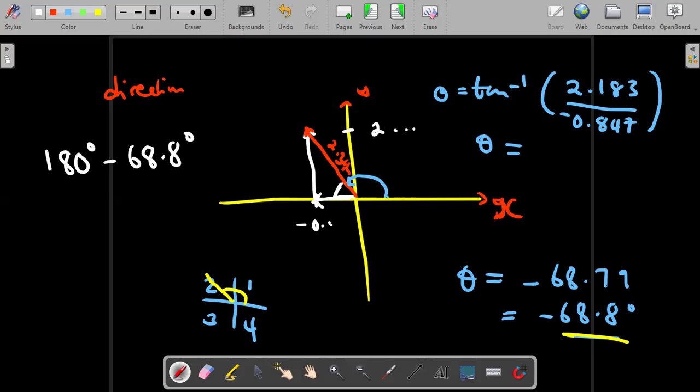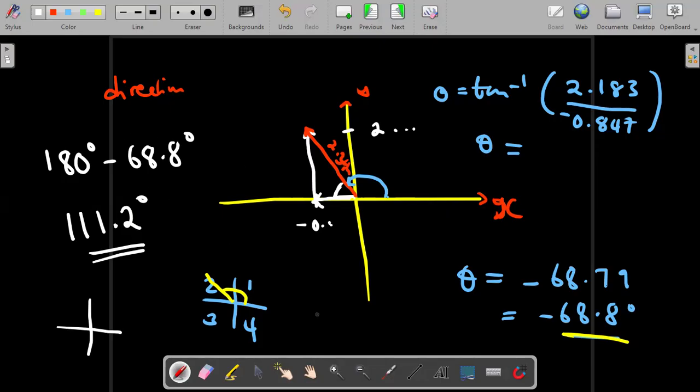This is just going to give me 180 degrees minus 68.8, which gives me 111.2 degrees. So this here is the angle at which the vector is displaced. Okay, I don't know if I have any questions on this part.